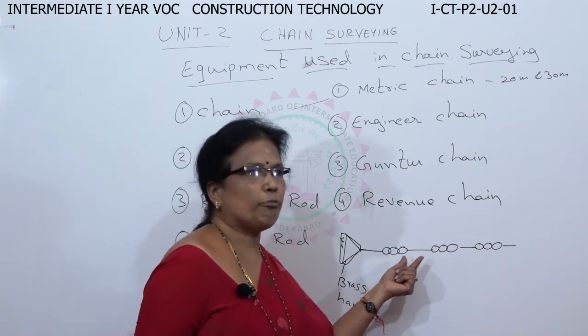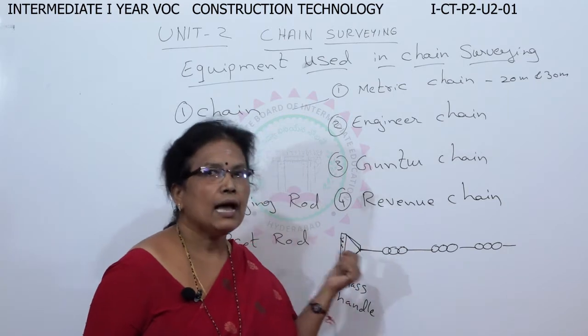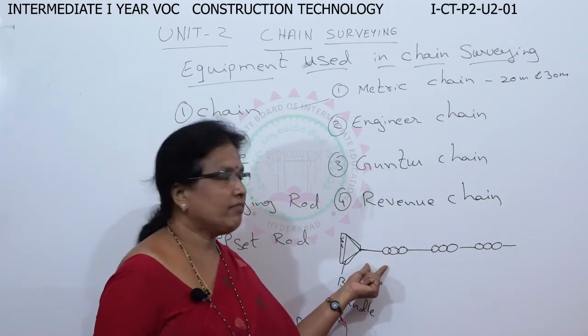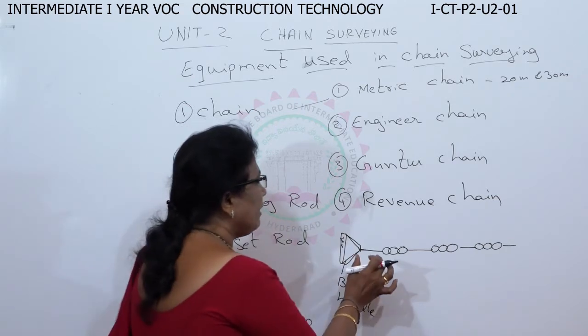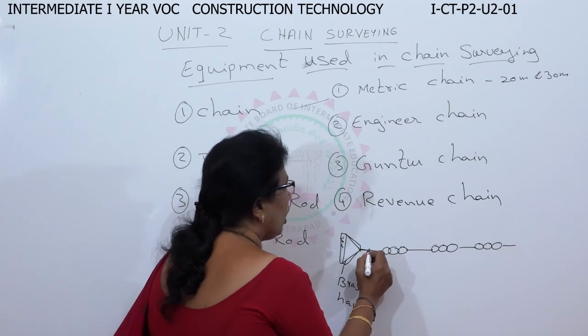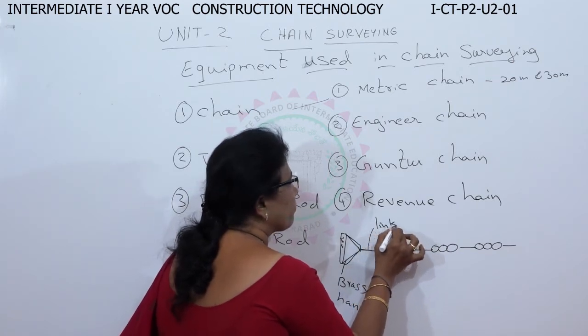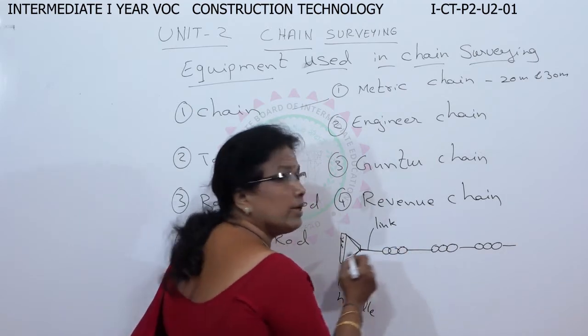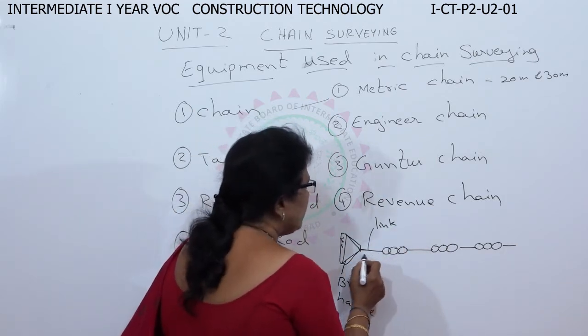And this is made up of galvanized iron. The material used to make this chain is galvanized iron, and it is attached with rings. This is called a link. From here to here it is a link. From here to here it is a link.